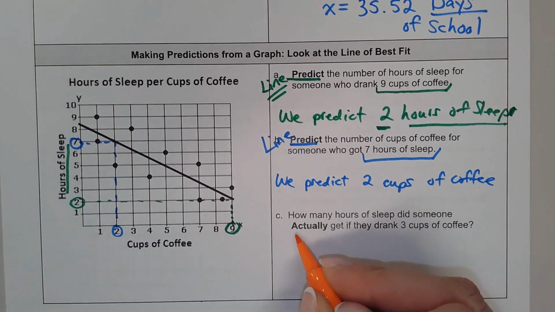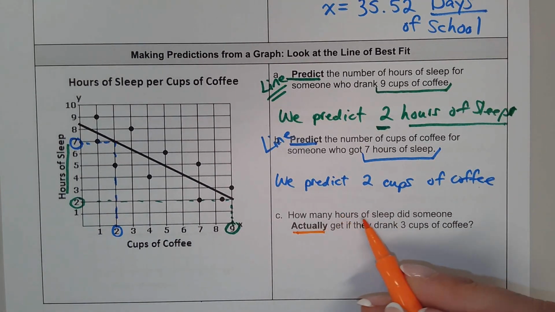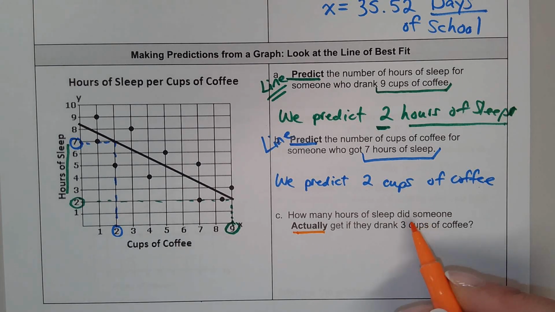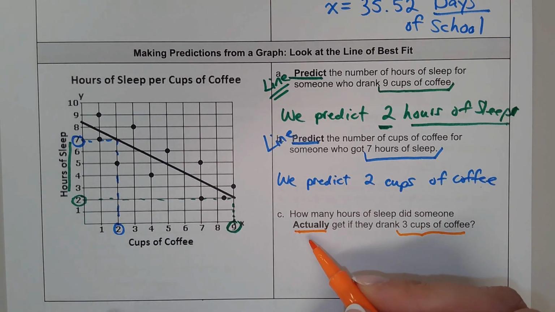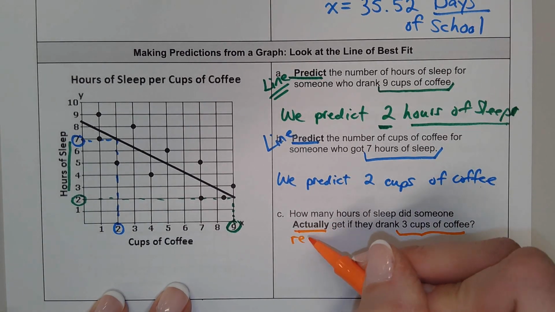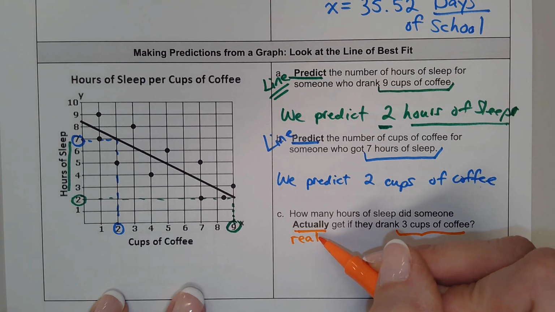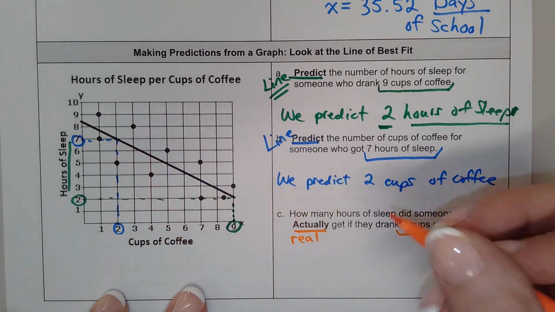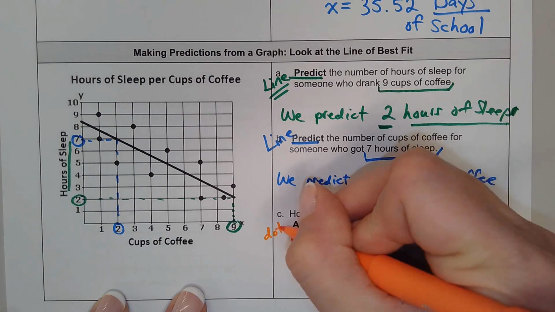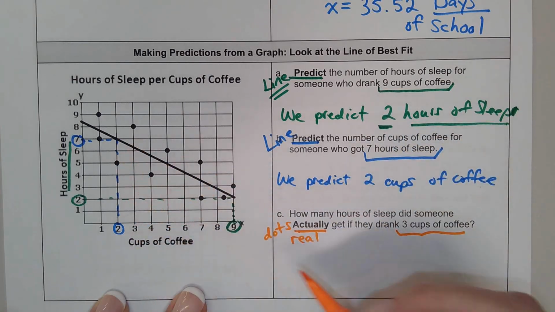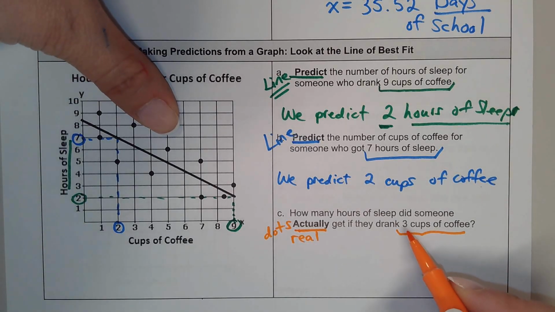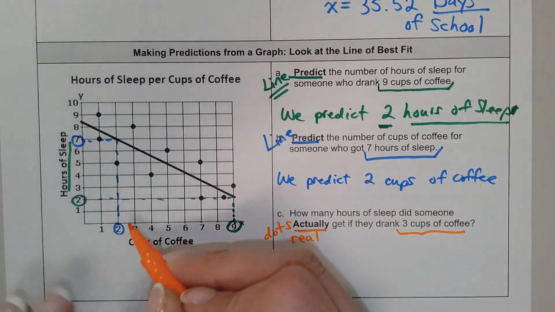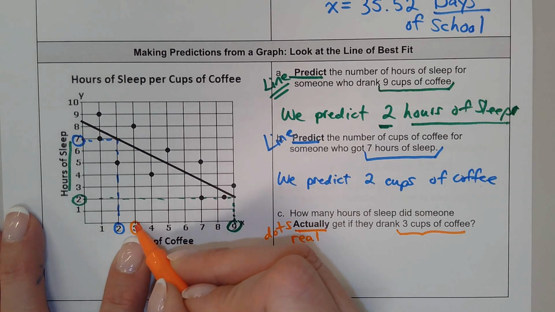And finally, it says, how many hours of sleep did someone actually get if they drank 3 cups of coffee? When they want to know, okay, what really happened, okay, for real, we don't look at the line of prediction. Okay, we look at the dots, which are the data points. This is the data from the study. So let's go to 3 cups of coffee. Okay? And we're not going to go to the line.